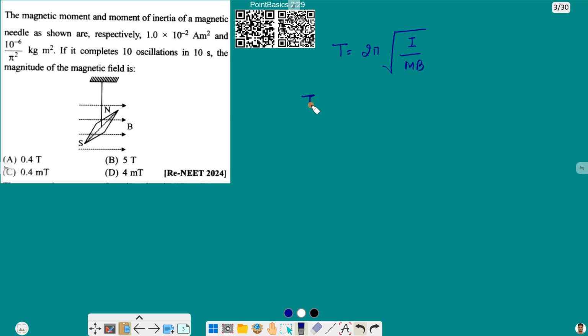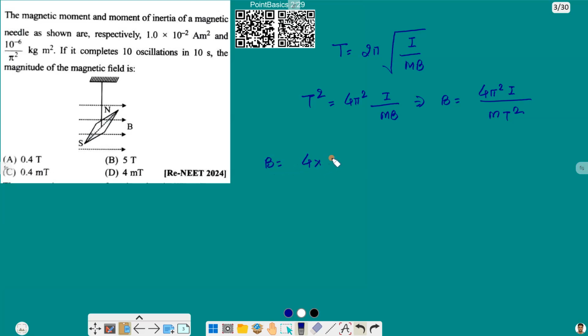So T square is equal to 4 pi square I divided by MB, and from this the magnetic field is 4 pi square I divided by M into T square. Now 10 oscillations in 10 seconds means one oscillation takes 1 second, so the time period is 1 here. So B will be 4 times pi square.